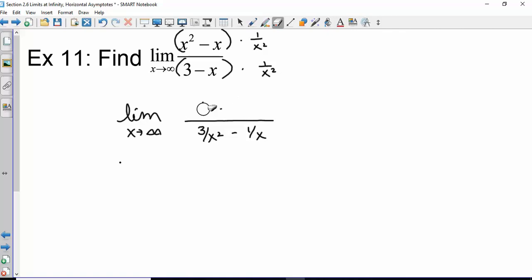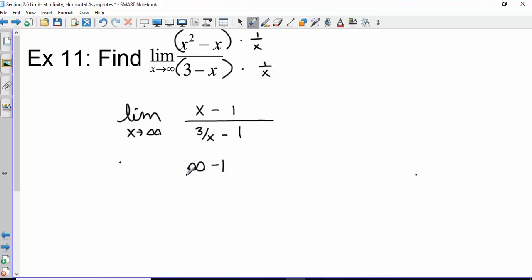So if this ever happens, we are going to back up. Instead of multiplying by 1 over x squared, let's try just 1 over x and see if that helps. So x squared times 1 over x would be x, minus x over x is 1. 3 over x minus x over x is 1.